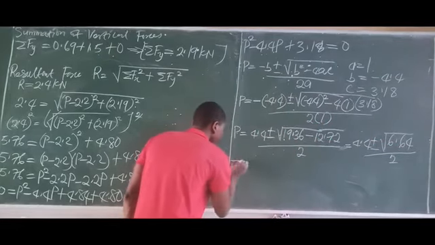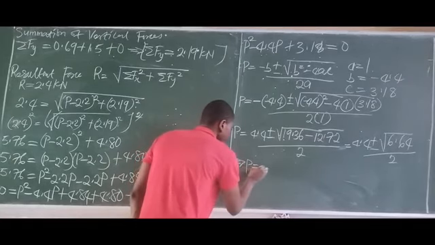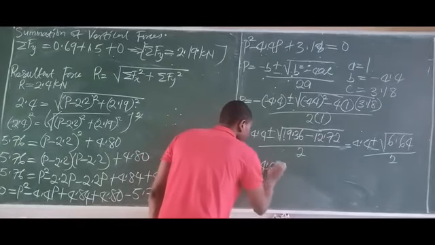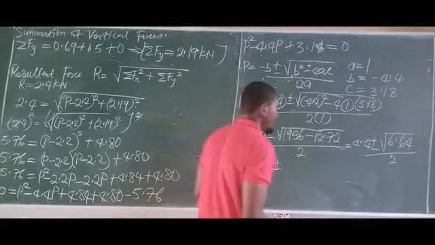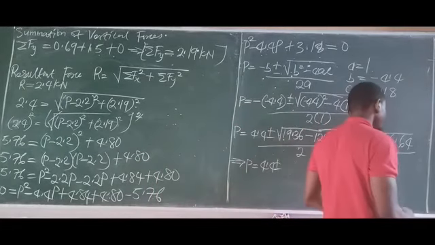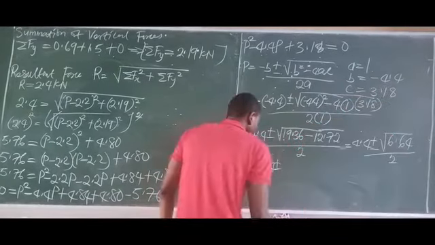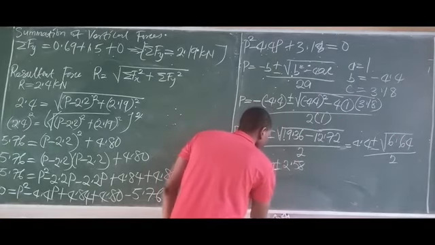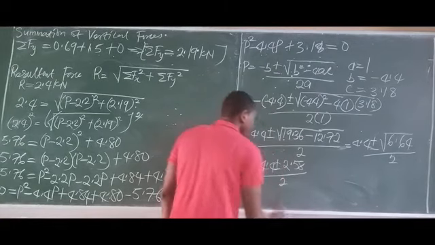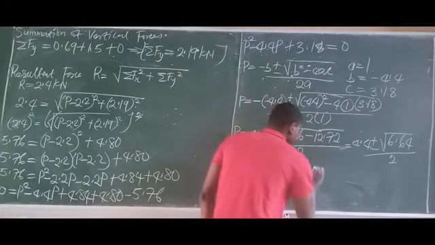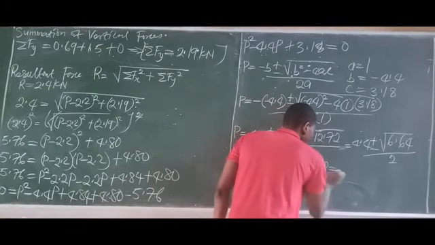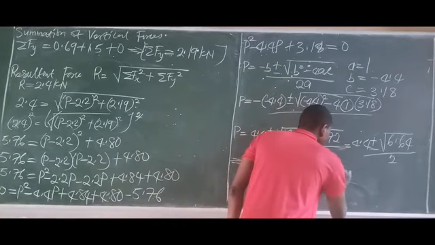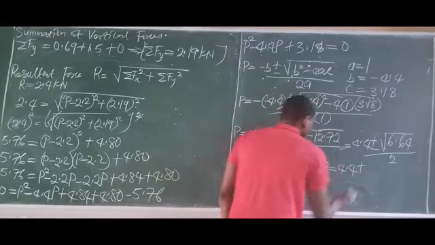So P is equal to 4.4 plus or minus the square root of 6.64, which is approximately 2.58, all over 2.